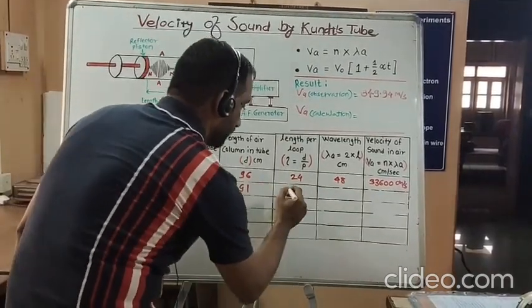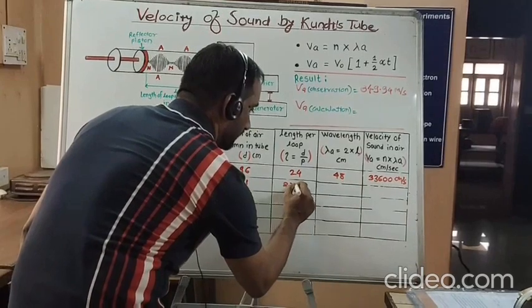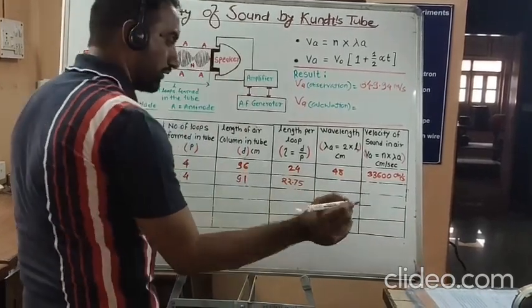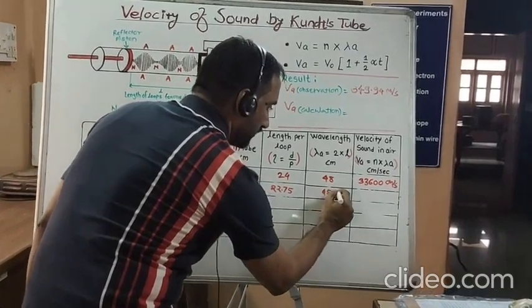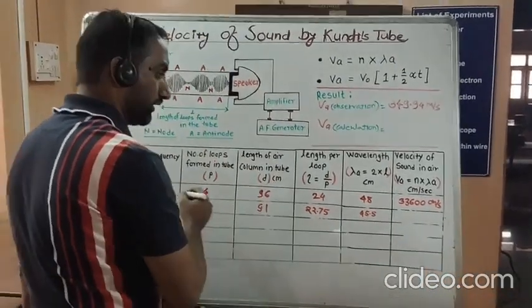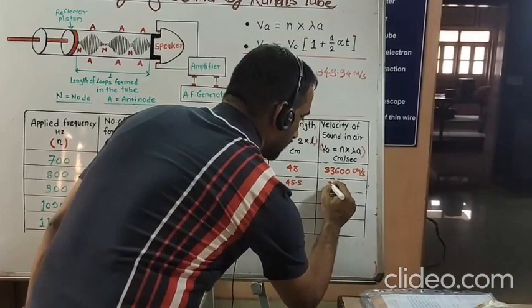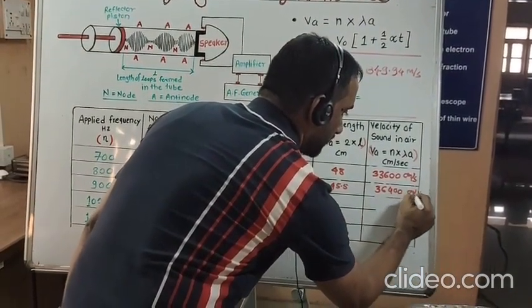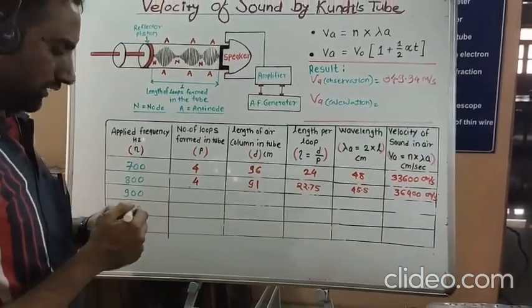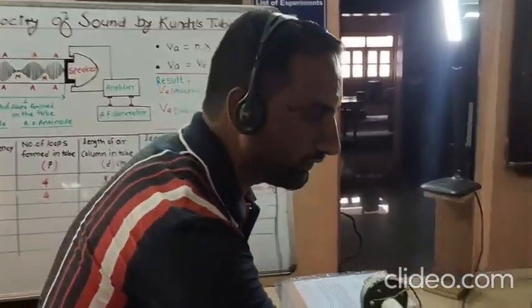Then 91 divided by 4 is 22.75, and 2 times this value is 45.5. 45.5 multiplied with 800 becomes 36,400 centimeter per second.